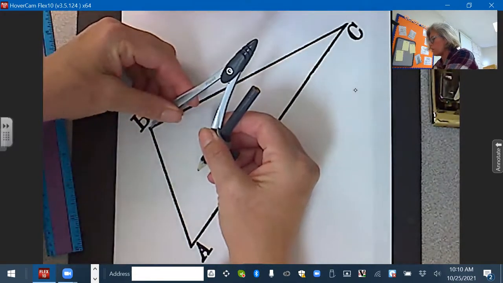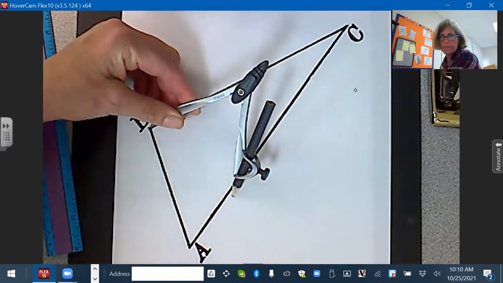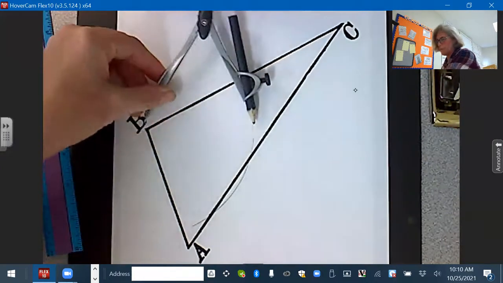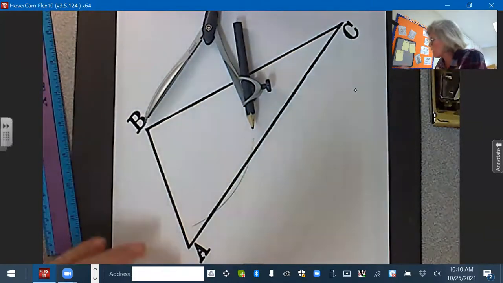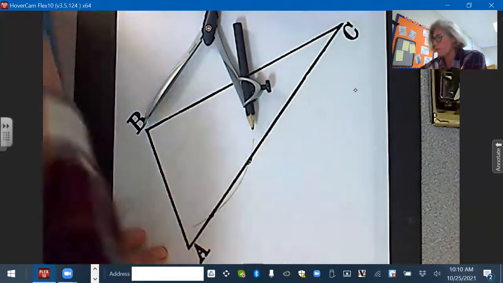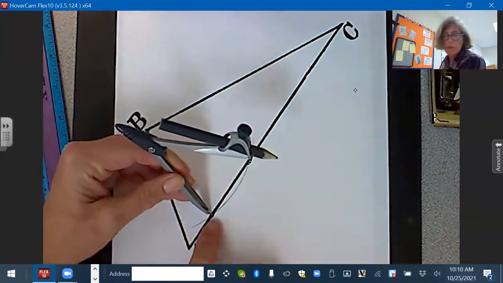You put your pivot on B and you open up just past the opposite side. And you sweep a smiley. Your smiley has 2 dimples. Those are points of intersection right here and right here. You put your pivot on one point of intersection.